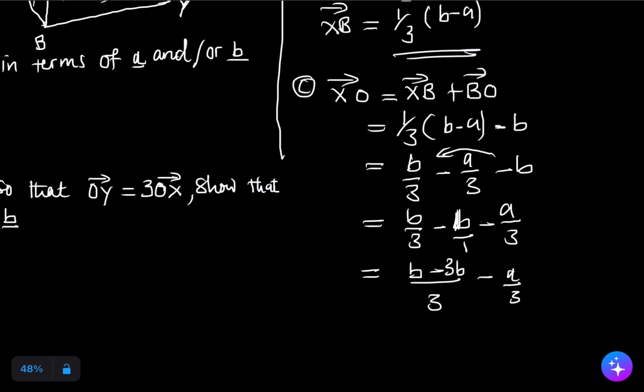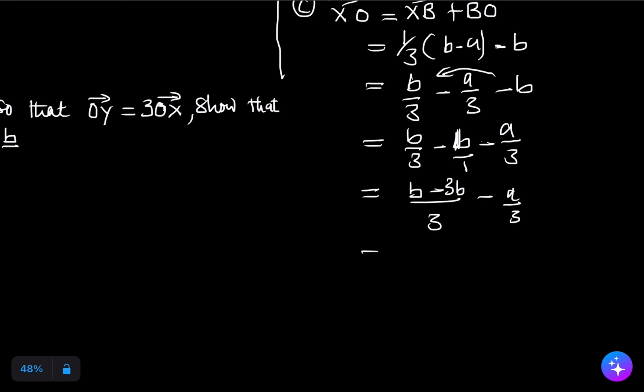So we can subtract the variables. When we say B minus 3B, we get negative 2B, so negative 2B over 3. Then we can go on to subtract with this variable, which is A over 3.